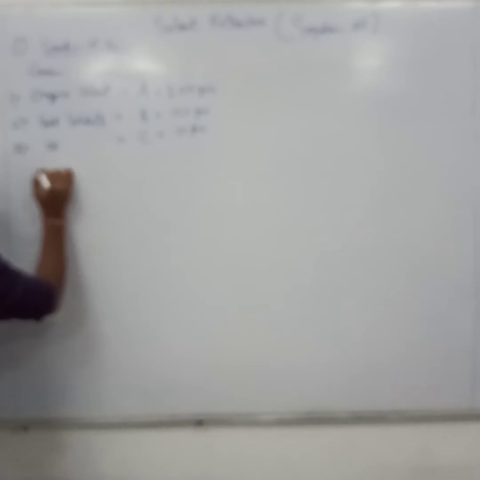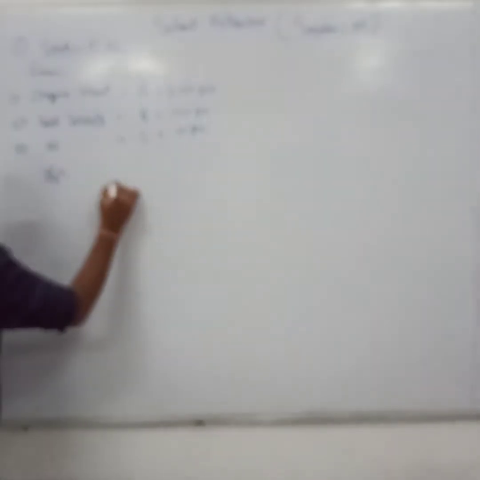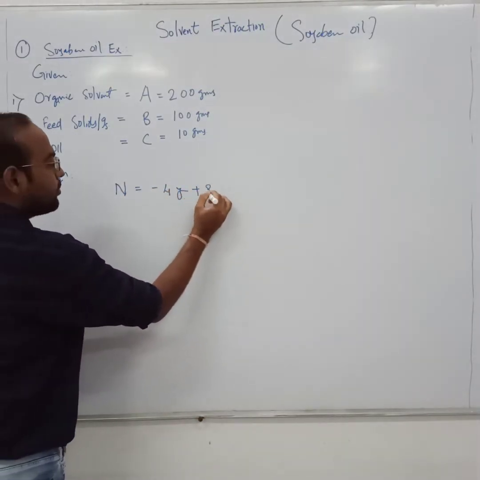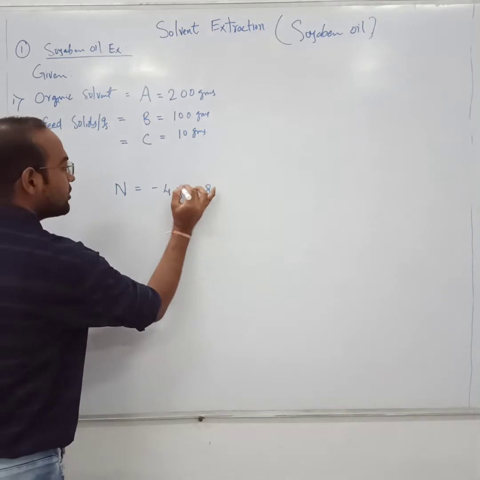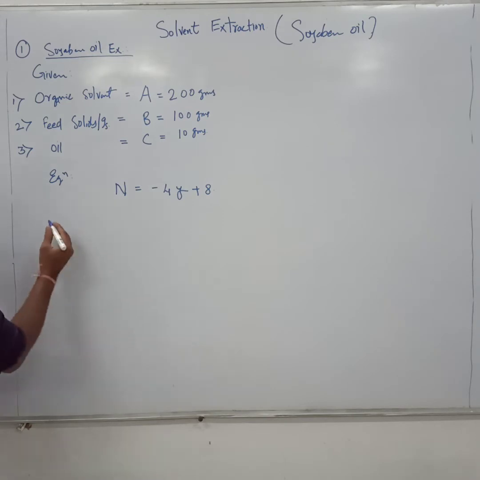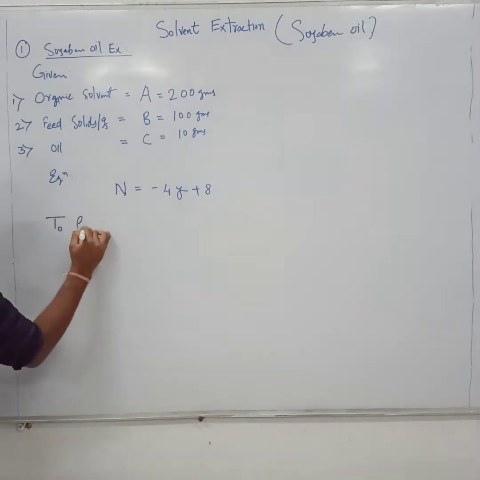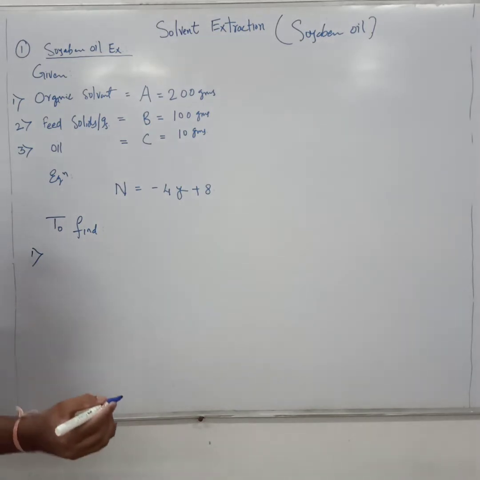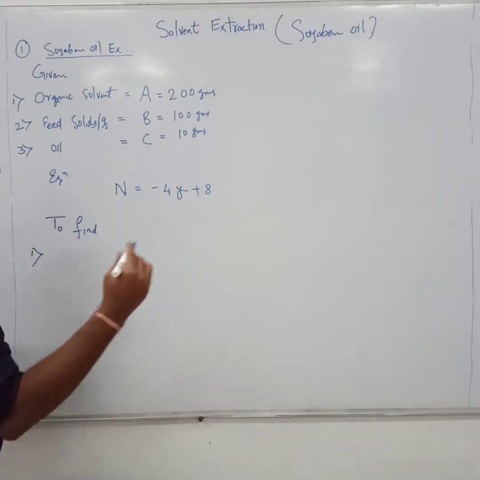Then one another equation is there, the equilibrium equation given: capital N equals minus 4y plus 8. This is our equation which is useful to find all the values once you have the graphical values. These are the things available, and next, what you need to find is the amount of oil left in your oil cake after extraction.